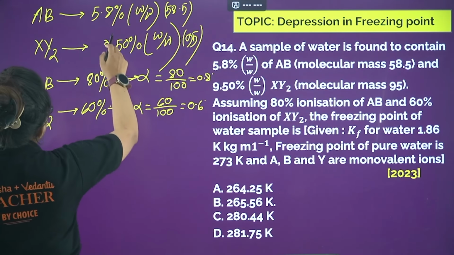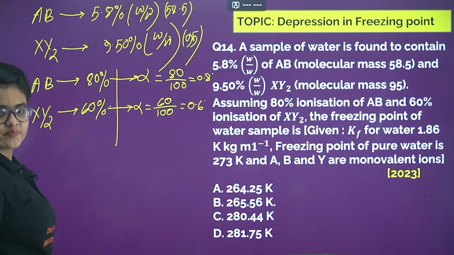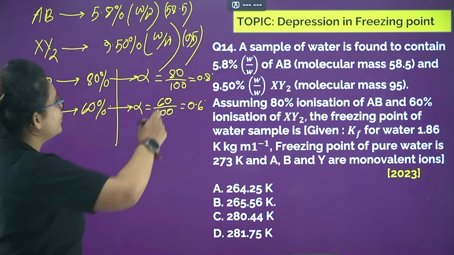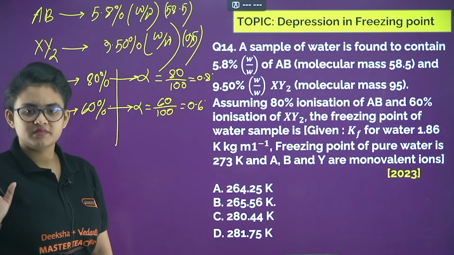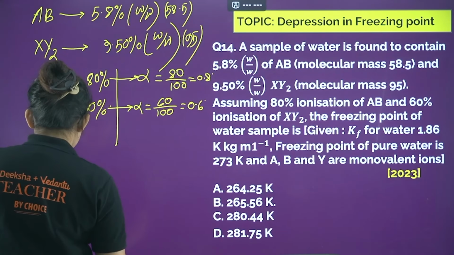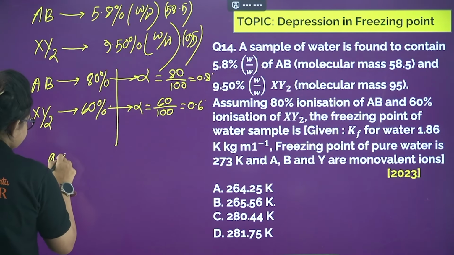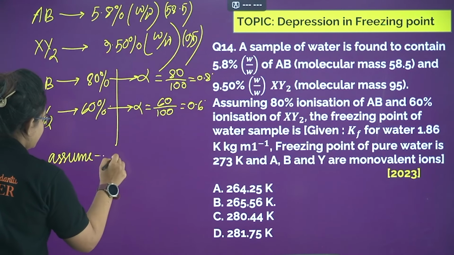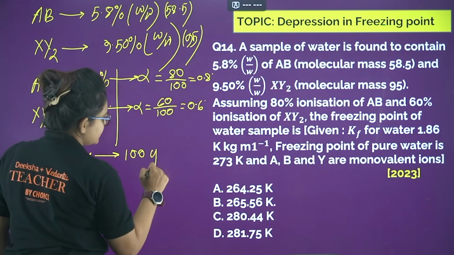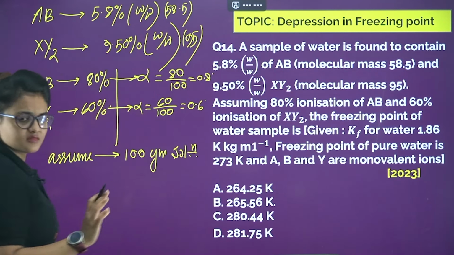As you can see, they are telling 5.8%. Percent means in 100. In 100 how much I am having, and weight by weight means 100 gram. So let's assume 100 gram as a solution. Let's assume I am having 100 gram solution, right?